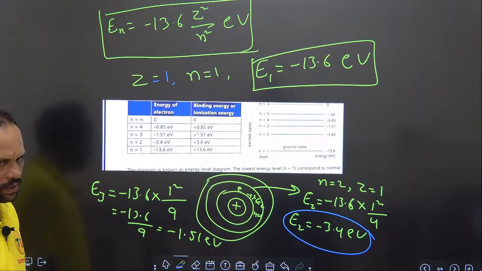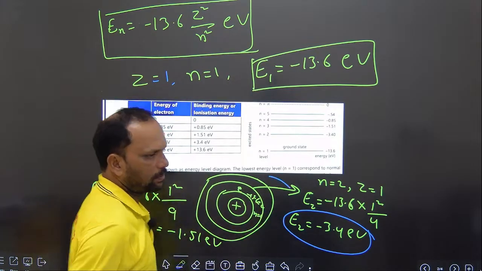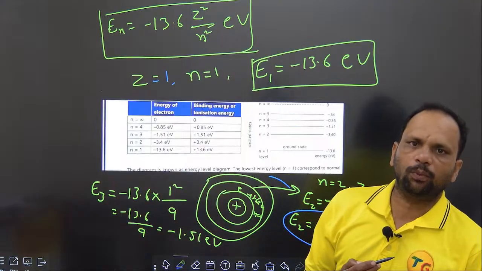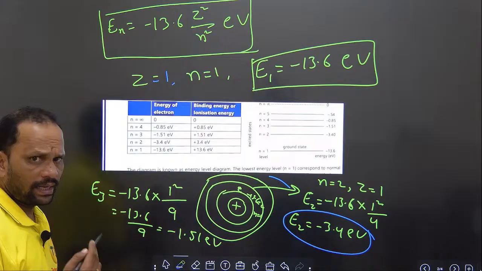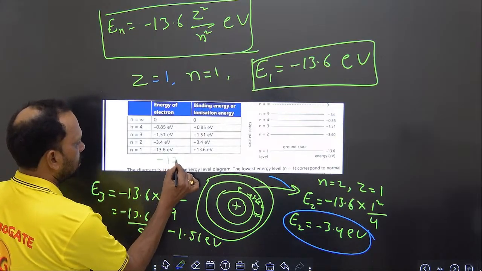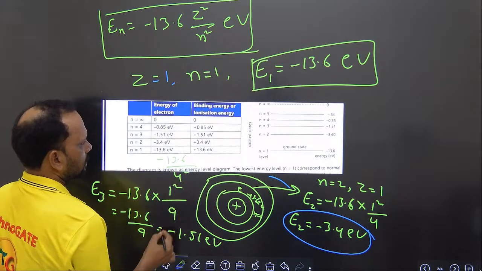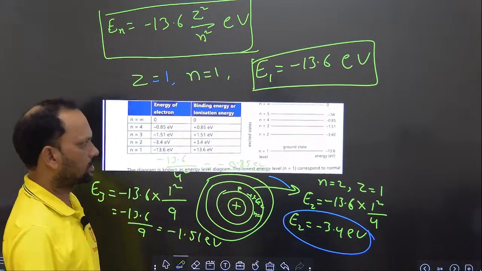Minus 1.51 electron volts. What about the fourth orbit? So this is the third orbit. Then the fourth orbit. En is equal to minus 13.6 into Z square by N square. Z value is 1, N is 4. Then minus 13.6 by 4 square. That is equal to minus 0.85 electron volts.